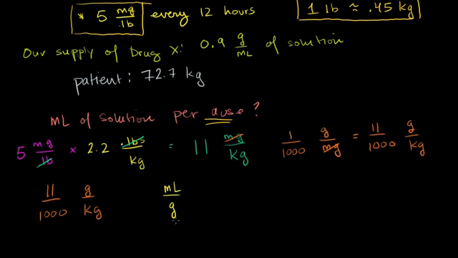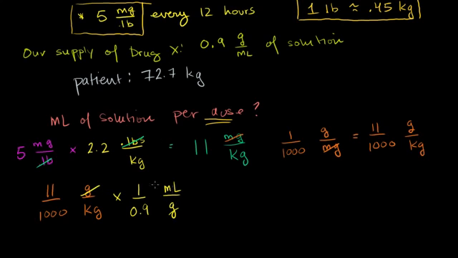So in our solution, how many grams are there per milliliter? Well, they told us there's 0.9 grams per milliliter. Or for every 1 milliliter, there are 0.9 grams. Notice I just took the inverse of that because we want a milliliter in the numerator, grams in the denominator, so that these two cancel out. And let's do this multiplication now. So our grams cancel out.